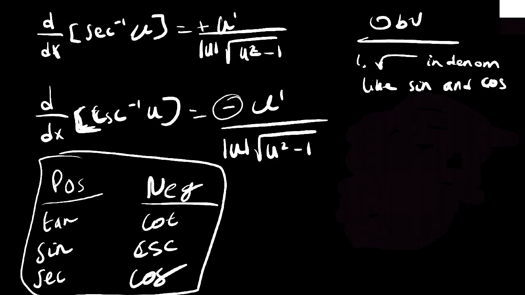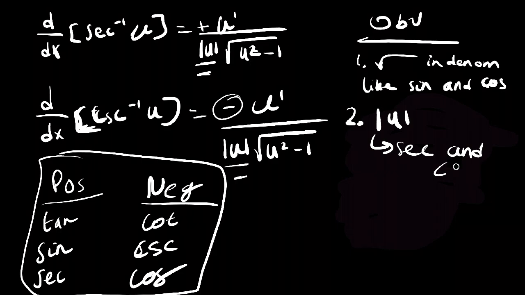And then, we have covered all of the derivatives of inverse trig. Second observation I can make is that secant and cosecant are the only ones to have an absolute value of u in the denominator. The third observation is that there's a u prime in the numerator.